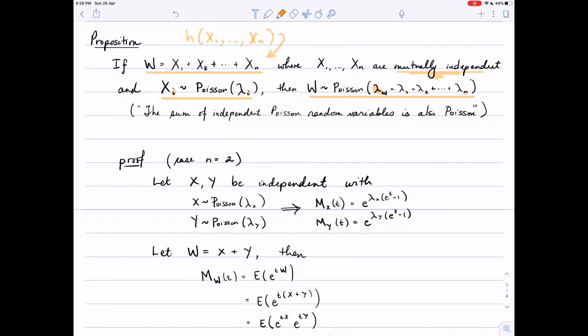So said colloquially, the sum of independent Poisson random variables is also Poisson.